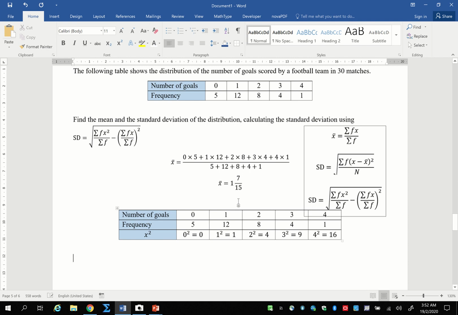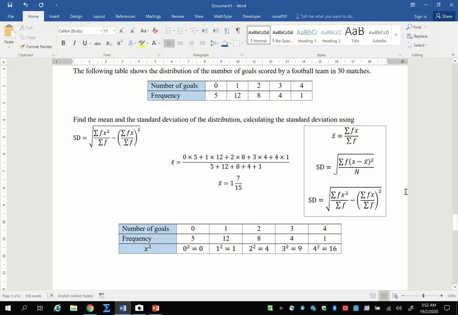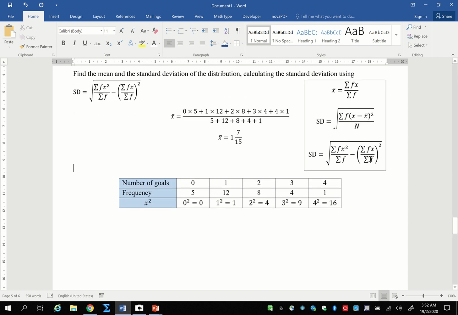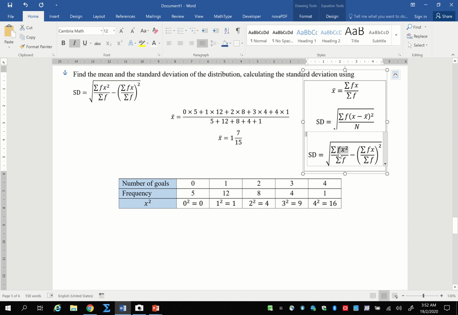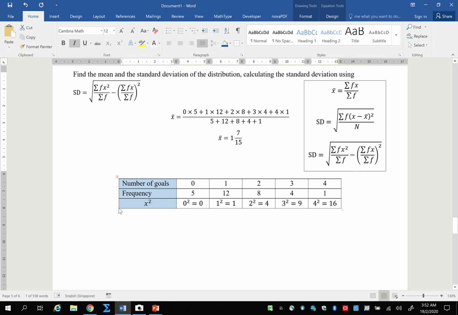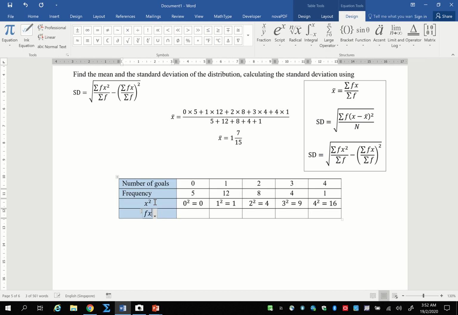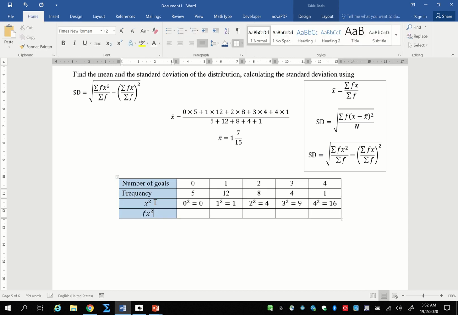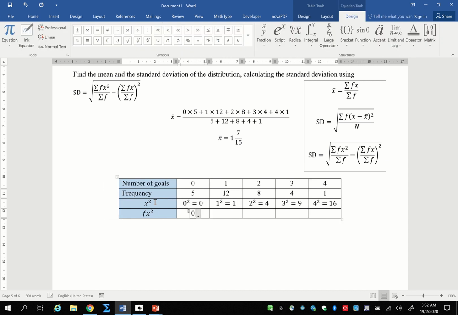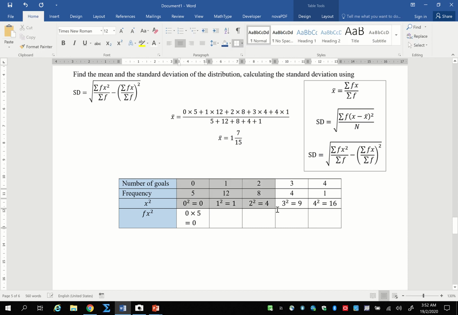So we will have this table with x squared, but because we are dealing with frequency, we have fx squared here instead of just x squared. So we will create one more row for fx squared. Over here we will take each of the x squared multiplied by the frequency. So here I have 0 times 5, which is still 0. I still need to widen my column, sorry.